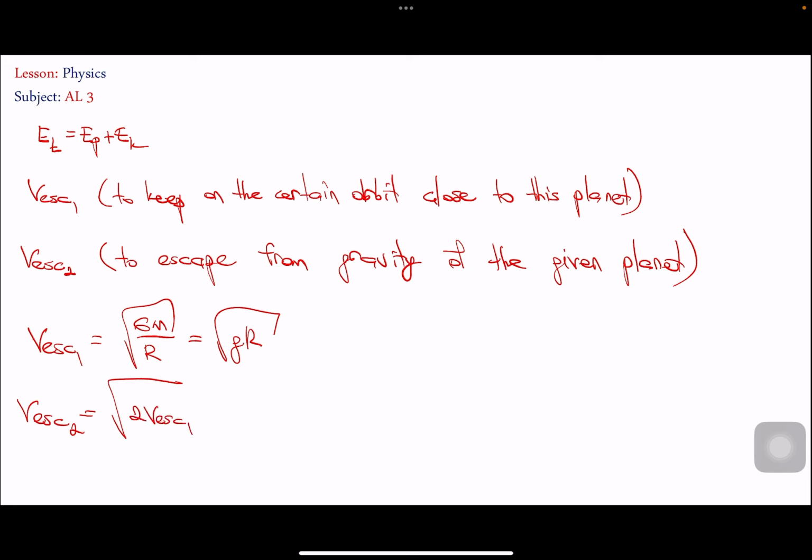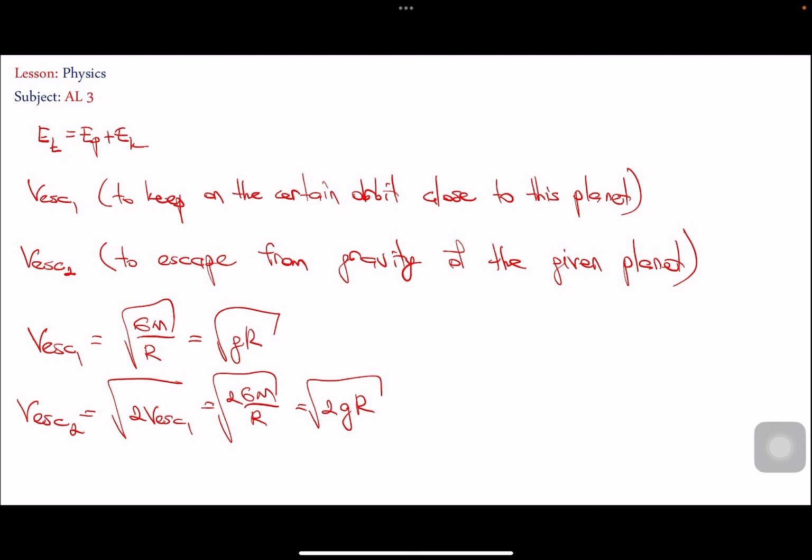That is g times the mass of this planet times 2 over the radius, in root, or I can write it in terms of gravity also, 2 times gravity times the radius of Earth, and you may take it in the root so that you have the escape speed 2. So that's called escape speed, and the difference between escape speed 1 and escape speed 2.